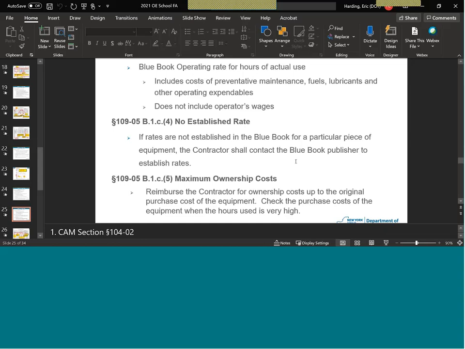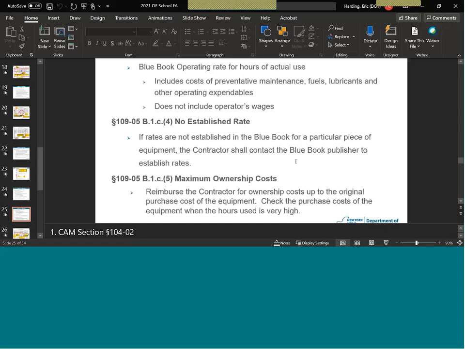It can be tricky, or it was at the time, to figure out what the original purchase price was. We had something called the Green Guide. I don't know if we still have it. I did not have a current copy. What I ended up doing was working with the contractor to figure out a verifiable original purchase price of the equipment.